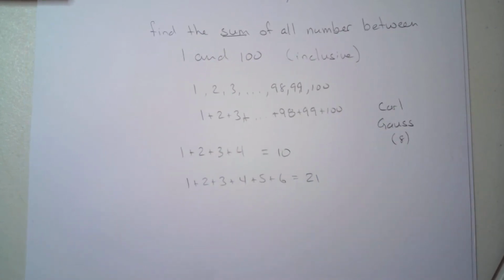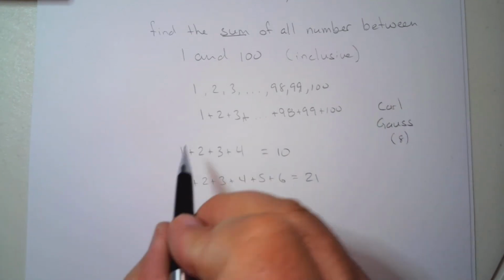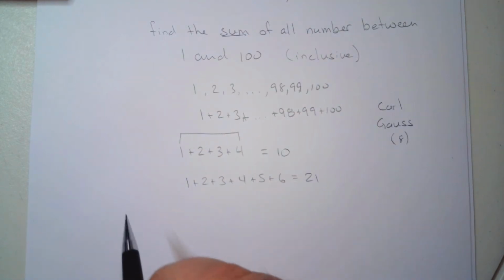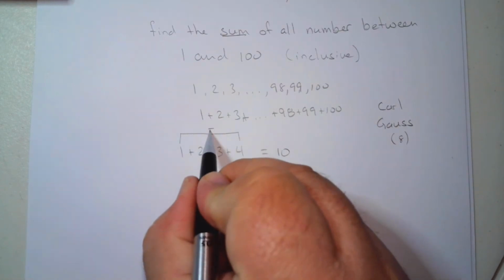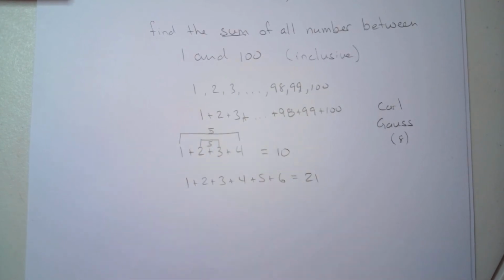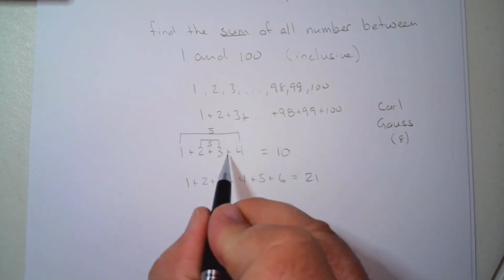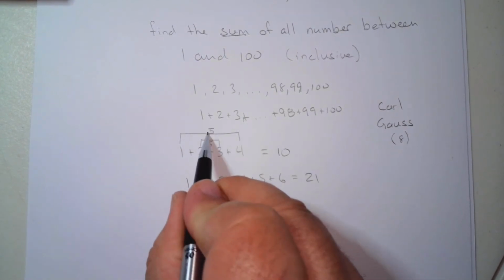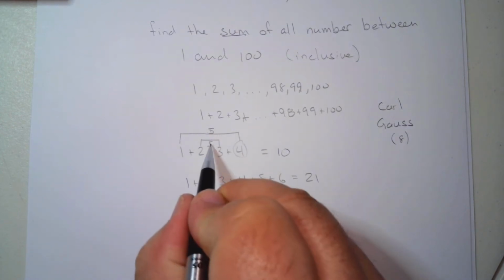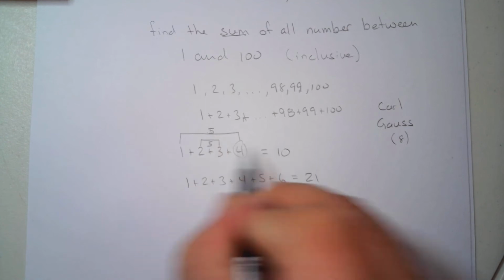Now let's look for a pattern. What he noticed is that if you look at the first and the last numbers and add them together, you get 5. And the next numbers, you get 5. And how many times do you have those pairings? You have 2. Remember, we only had 4 numbers in the set. So 2 times 5 is 10.